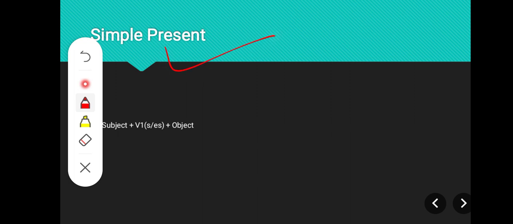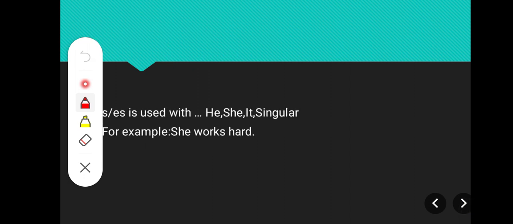Present indefinite, also called simple present. The structure is subject plus first form of the verb, S or ES, plus object. For example, she works hard.